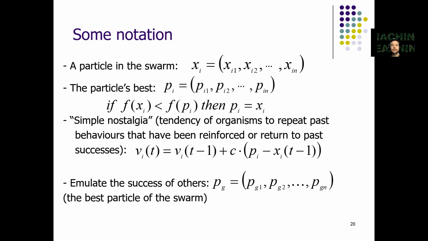Mathematically, this is how things are modeled. We are talking about search spaces, high-dimensional search spaces, and each member of the population is called a particle in this case, and is represented by a vector. So the particle of the swarm is a vector and consists of different elements, and it depends on the encoding that you are going to do.